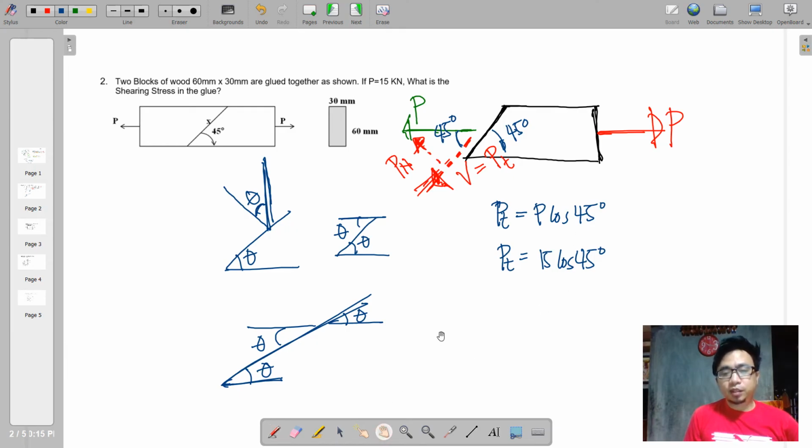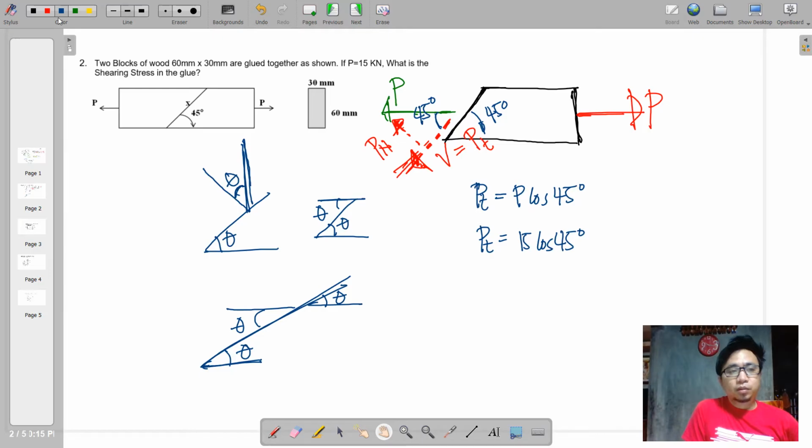So this is actually the tangential force, which is equivalent to the shear force. Okay, so by that, we will now use this formula. Tau is equal to V over A.